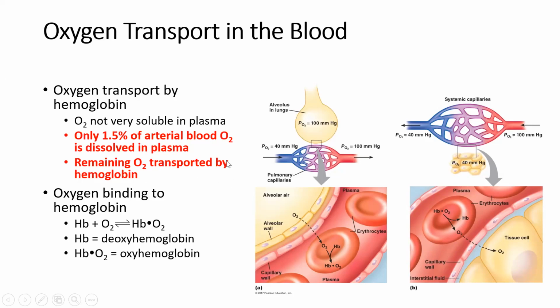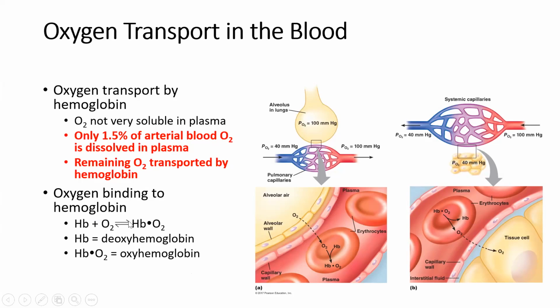And so there's very, very little oxygen being circulated in its dissolved form, and most of that oxygen is being circulated bound to hemoglobin. And so what that gives us is hemoglobin, which can be bound to oxygen, not irreversibly, but reversibly.